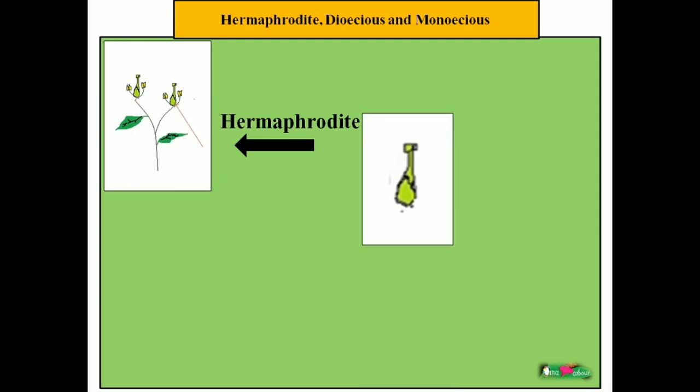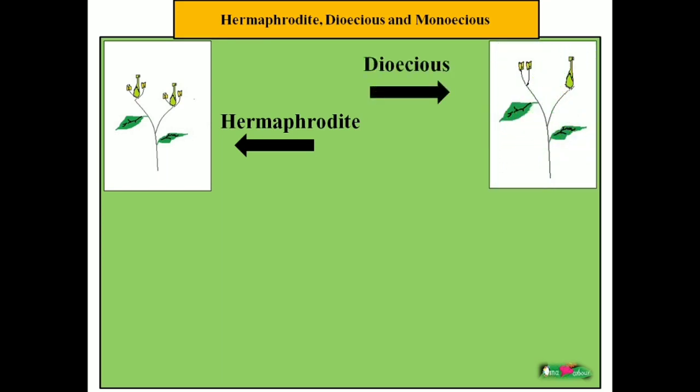So these are the flower parts, with both sexes, male and female, in one flower. It is called a bisexual flower, a perfect flower. Then next is dioecious, in which male and female organs are found separately on different plants.